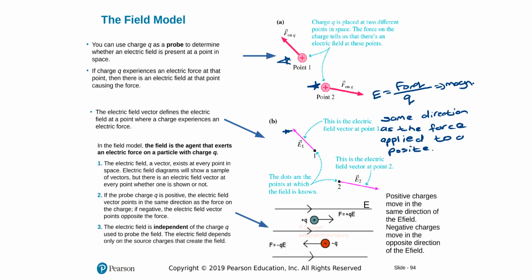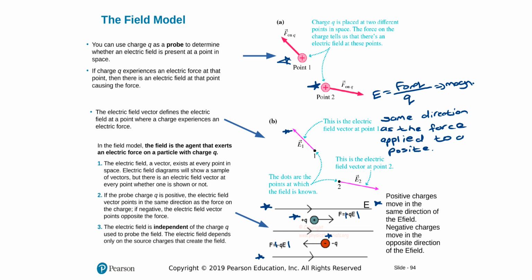We can turn this around as well. If we know the electric field in a region to the right here, as you see, then we can say if I put a positive charge in this region, it will be pushed in the same direction as the electric field, and if I put a negative charge, it will be pushed in the opposite direction, and each has a force that is equal to Q times E. Over here we will use absolute values again. We won't worry about the charge sign.